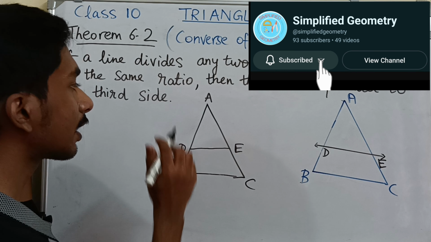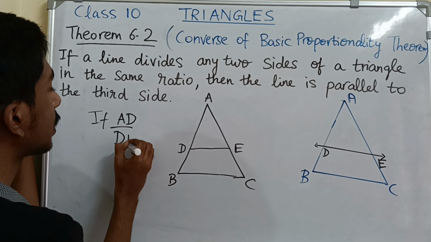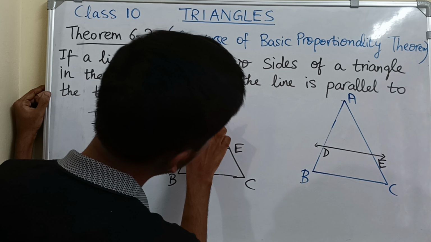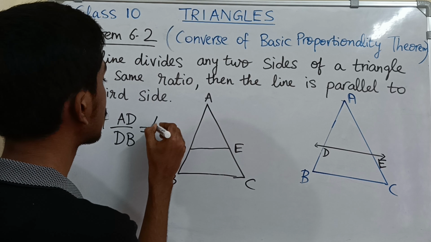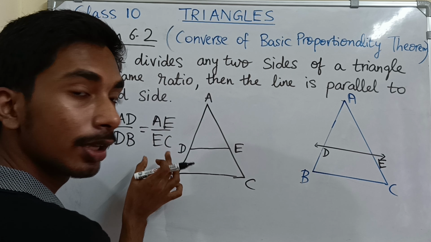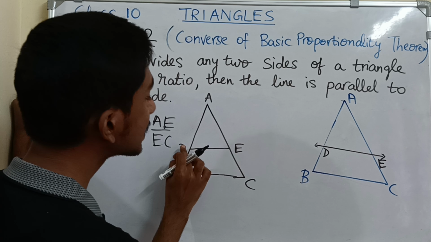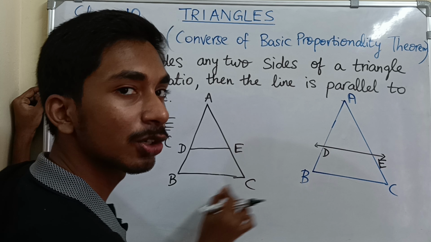This theorem is saying that if AD over DB is equal to AE over EC, if both the ratios are the same, then what happens? This DE will automatically become parallel to BC.